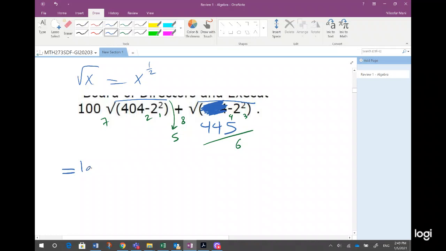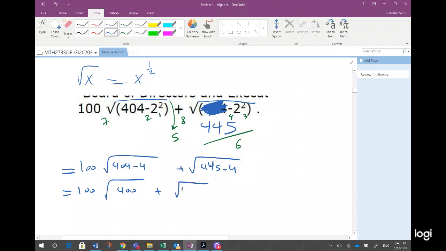So 100 radical 404 minus 4 plus radical 445 minus 4. So it is 100 radical 400 plus radical 441 equals 100 multiplied by 20 plus 21.